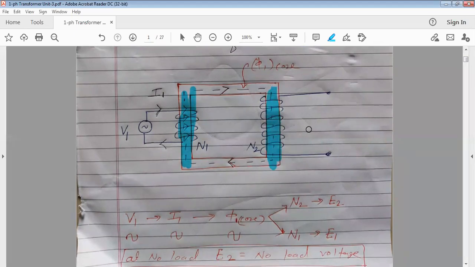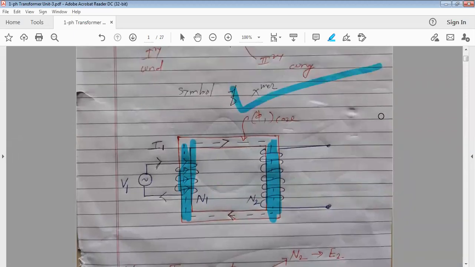Like this construction is used only to explain the working principle and all the theory part of a transformer. This is not the practical construction. Here you can see the primary winding only on one side limb, the secondary winding only on another side limb. This is not the case.